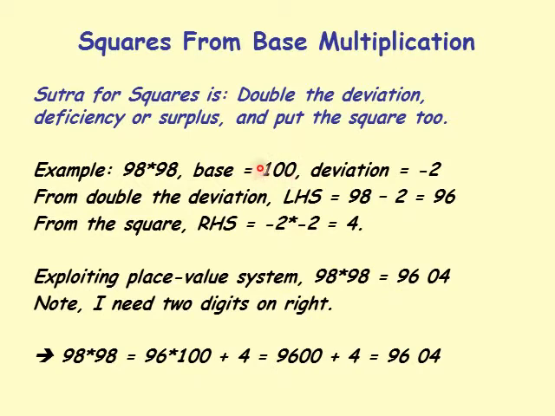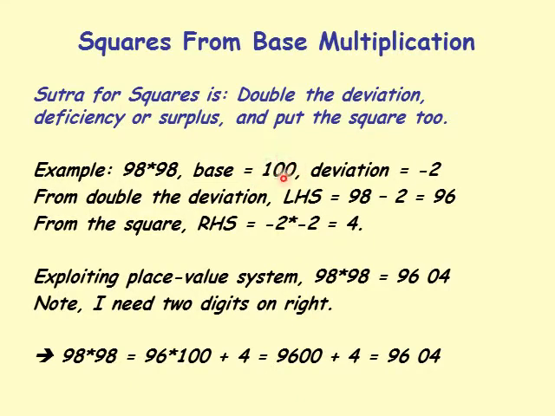Base is 100, and the detailed version of this base multiplication was the left hand side, which is 96, times the base plus the right side. Okay, so that is 9604. So I need 2 digits on the right because base is 100, which has 2 zeros.